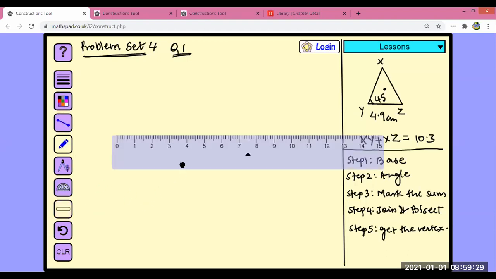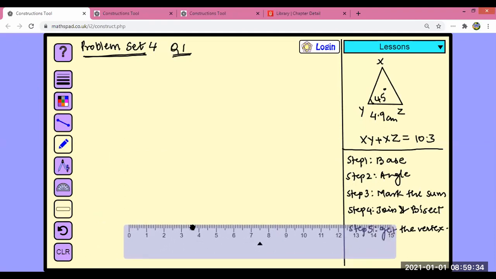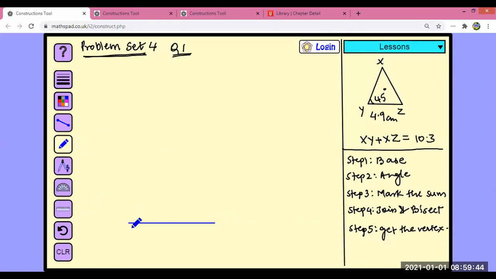We start with drawing the base. What is the base? It's 4.9. So we start at 0 over here and it's 4.9 there. And we label it. So this is Y, this is Z, this is 4.9 centimeters. Okay, step 2, we draw the angle, which is 45 degrees.